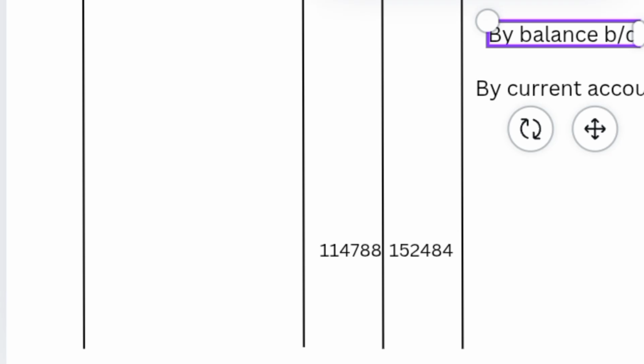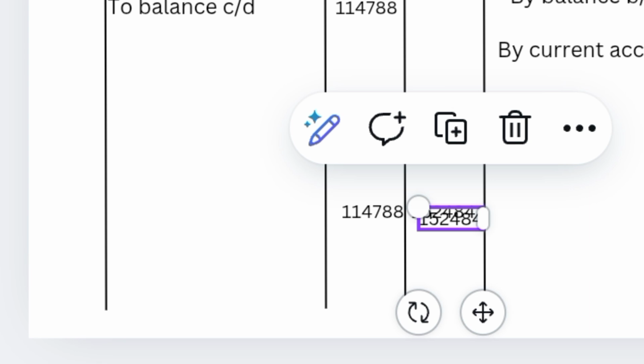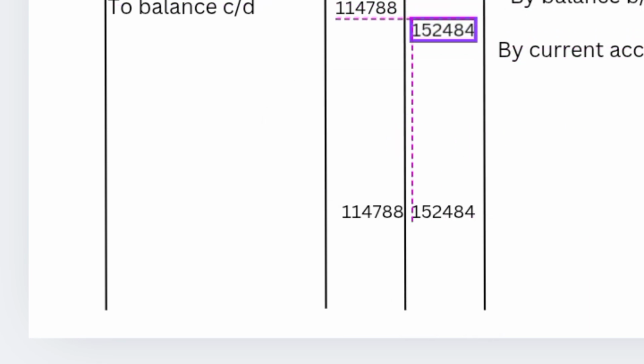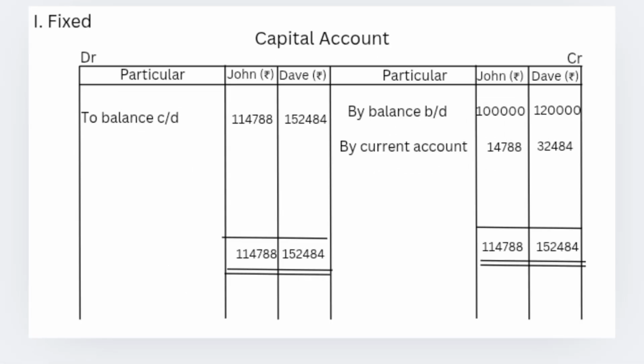And for Dave it is 1,52,484. So now we finished with the capital account when capital is fixed.